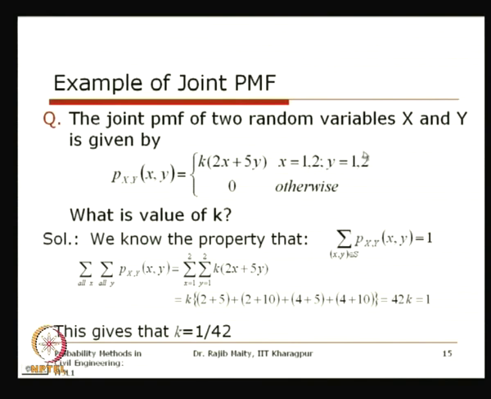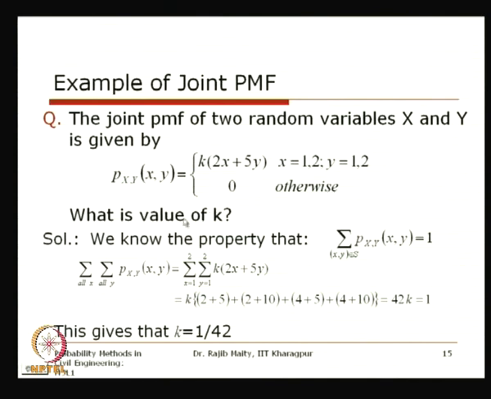So the bivariate random variable X, Y can have 4 possible outcomes: (1,1), (1,2), (2,1) and (2,2). Otherwise, the probability mass function is 0 for all other cases.